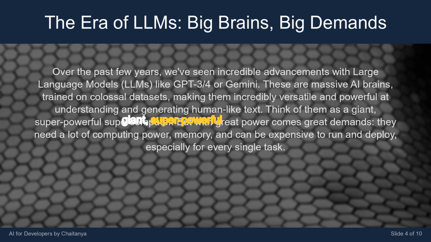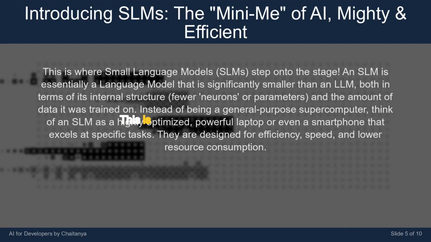Think of them as a giant, super powerful supercomputer. But with great power comes great demands. They need a lot of computing power, memory, and can be expensive to run and deploy, especially for every single task. This is where small language models, SLMs, step onto the stage.